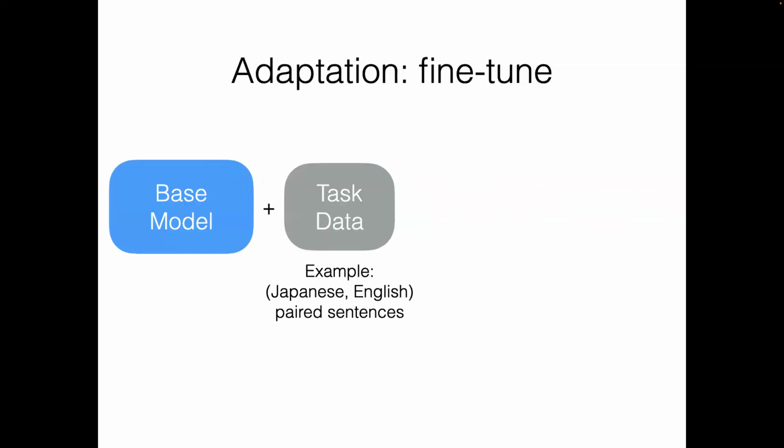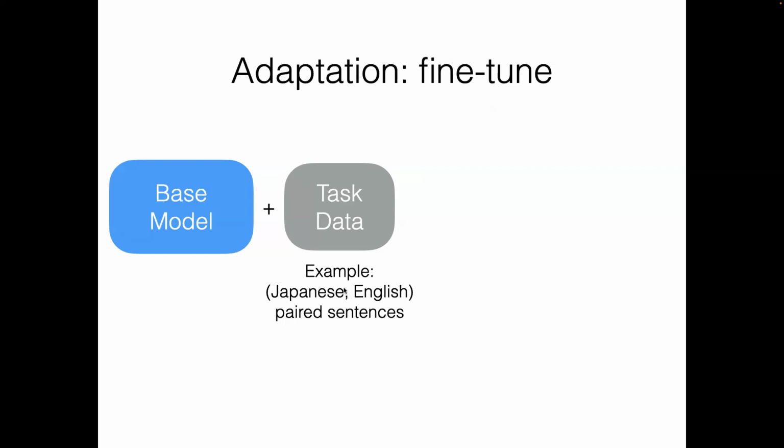And so what are some examples of adaptation? Well, both of these we're actually going to have full lectures about. But the first one is fine tuning. So here you take a smaller amount of data that's relevant for your task. So let's say we want to do translation from Japanese to English.